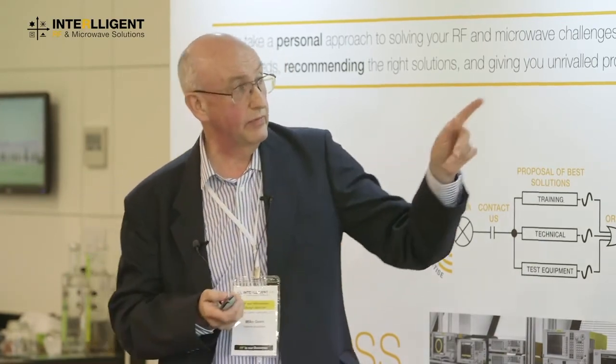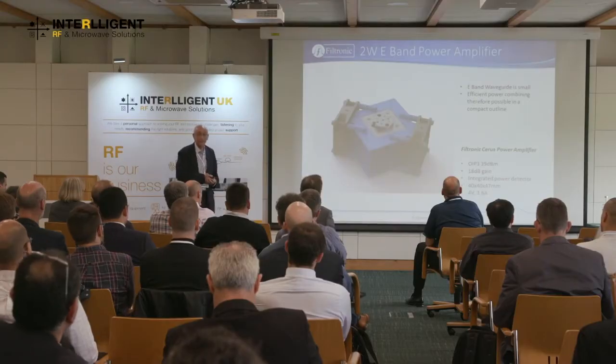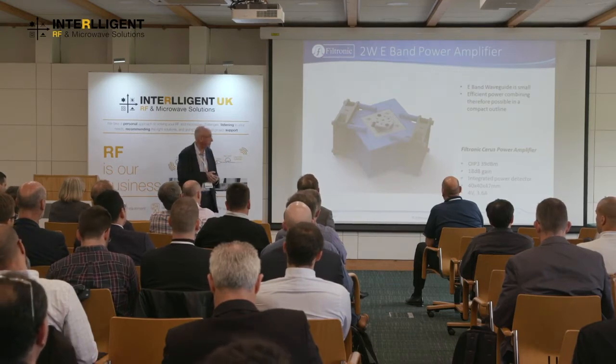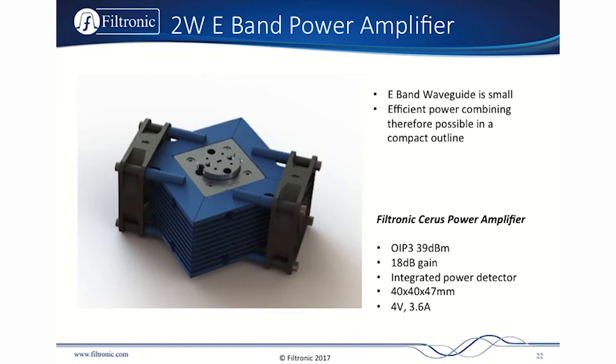It has a gain of 18 dB, and it's actually 8 PAs combined. Very efficiently though, because it's waveguide, you get quite efficient power combining. So this has a headline figure, the OIP3 of 39 dBm at 86 gigahertz.